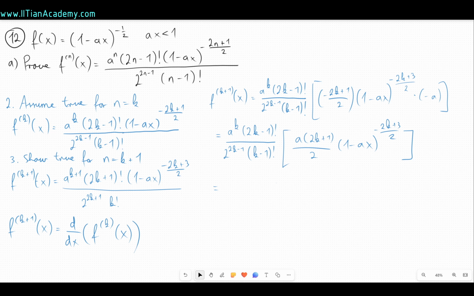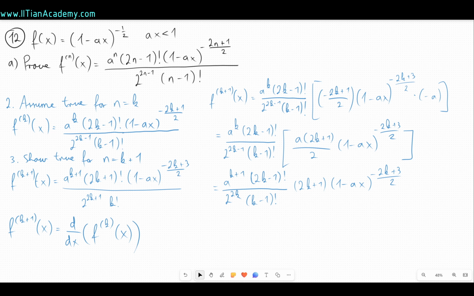So what we can write here is a to the k plus 1, as we have this a to the k and this a over here, and then this will be multiplied with 2k minus 1 factorial divided by 2 to the 2k. Again, we can combine this with this 2, and it is multiplied with k minus 1 factorial, and then there's still a 2k plus 1 and a 1 minus ax to the power of minus 2k plus 3 over 2.